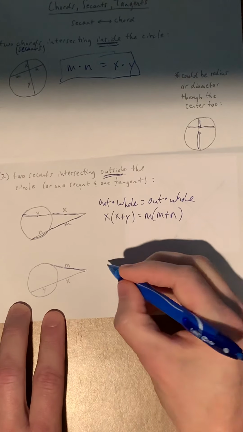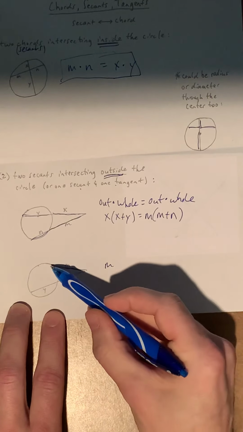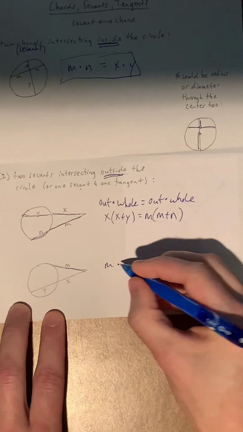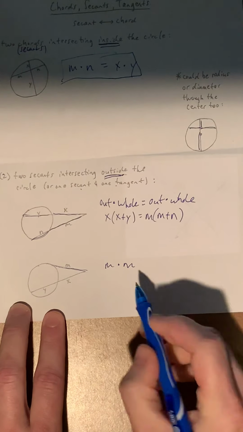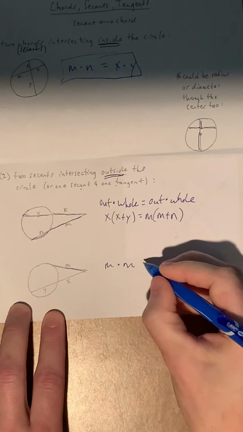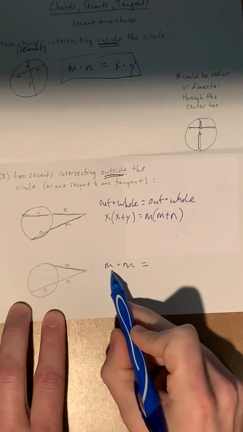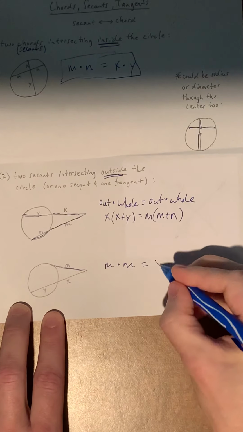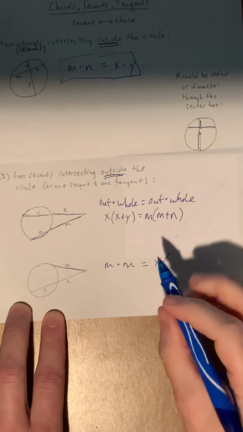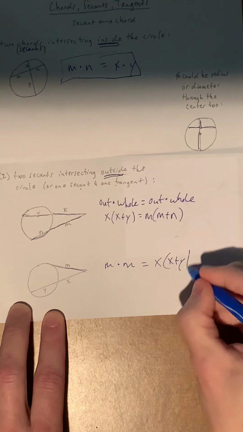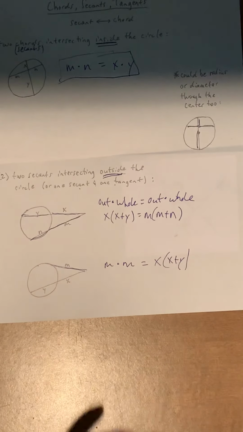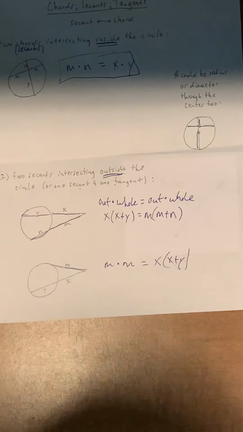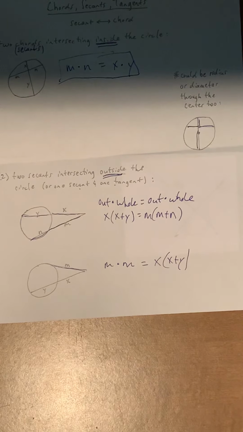Outside, which is m, times whole thing, which is again m. So it's m times m, or m squared, because the outside and whole are the same thing, is equal to outside x times whole thing x plus y. All right, so there are our two rules, and let's go ahead and use them to do some problems on the backside.